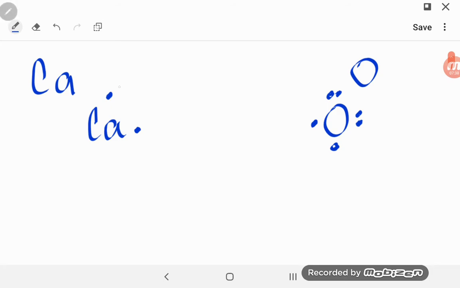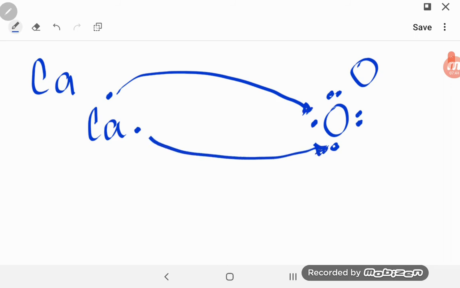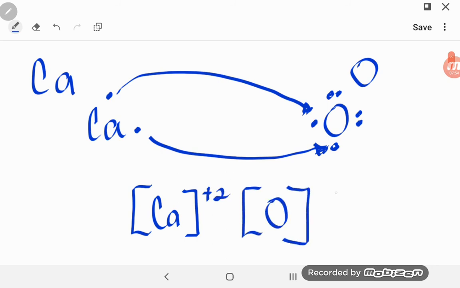So what will happen is that calcium will transfer its electrons to oxygen, giving way to the formation of ions of calcium, positive 2, and oxygen, negative 2, forming now this compound.